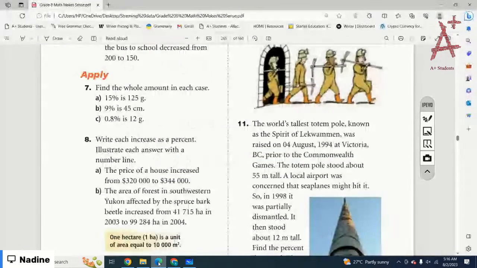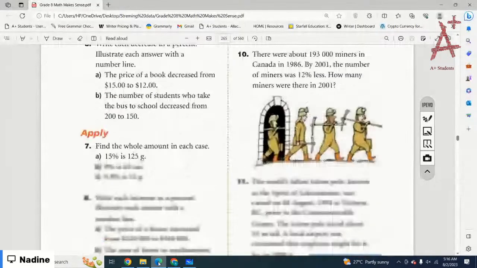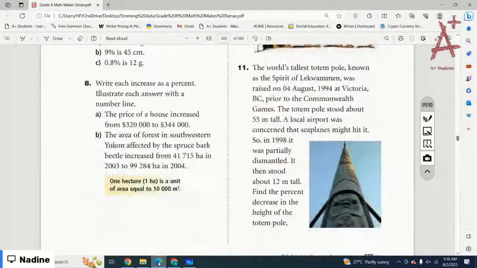Okay, let's start with question number 11. The world's tallest totem pole, known as the Spirit of Lekwungen, was raised on 4th August 1994 at Victoria, BC. Prior to the Commonwealth Games, the totem pole stood about 55 meters tall.